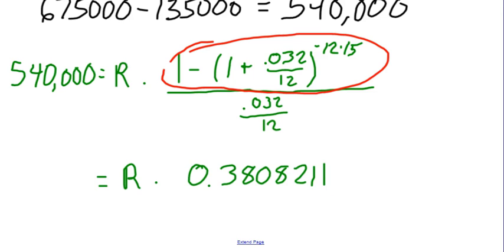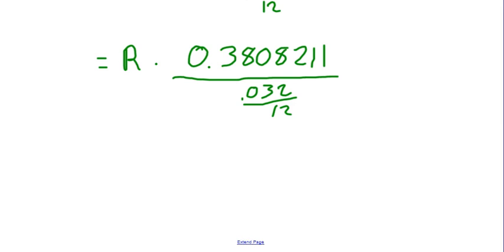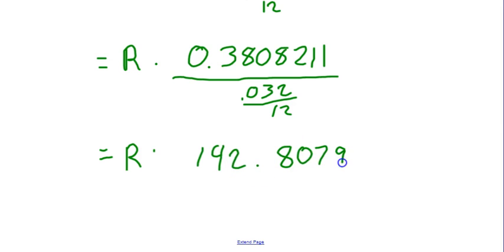I would round to many decimal places so we can get this as accurate as possible. And that's divided by 0.032 divided by 12. So now, again, use your calculators, divide by that. We get R times approximately 142.8079.